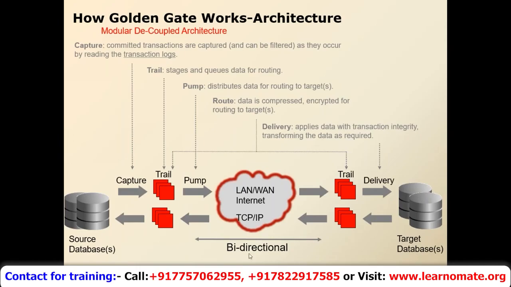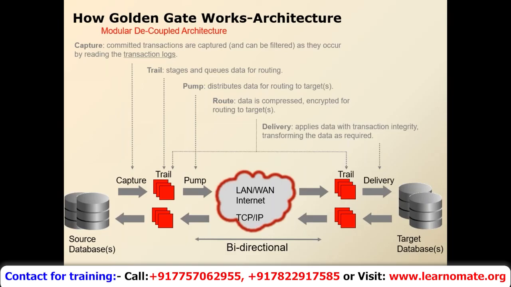So these are the components of GoldenGate. On top of it, there is one more process in GoldenGate which is called the manager process. Manager process, as the name suggests, manages the GoldenGate environment for you. Each GoldenGate environment has one and only one manager process. Minimum it has one, maximum it has one.